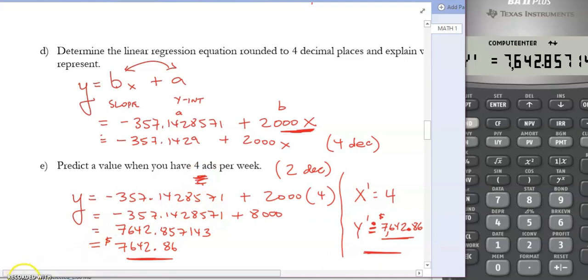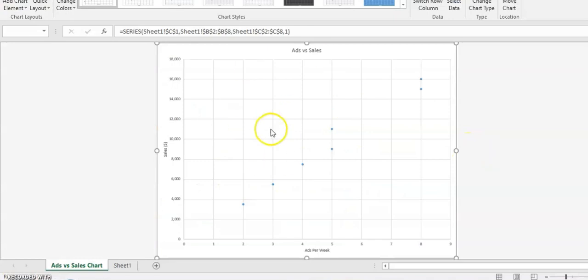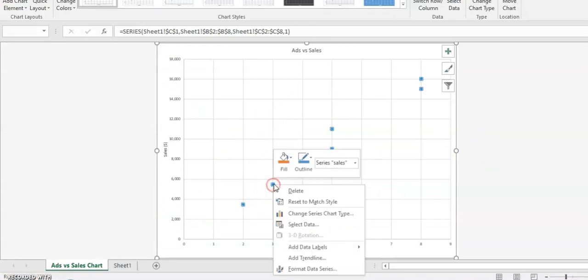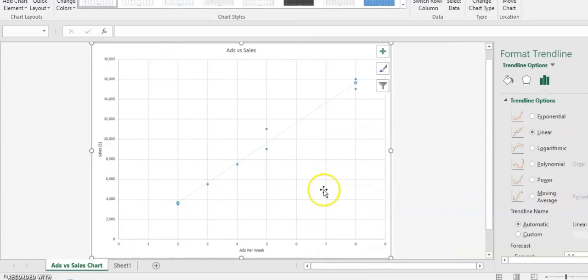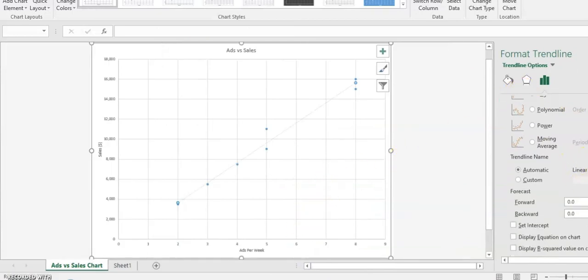Now, let me go back to the scatter plot. And we're able to actually put the regression line on here. If we right-click, add the trend line. So I right-click on a point, it will put the trend line, and we want the linear value. And there we go. And we can also add the r squared and the equation.